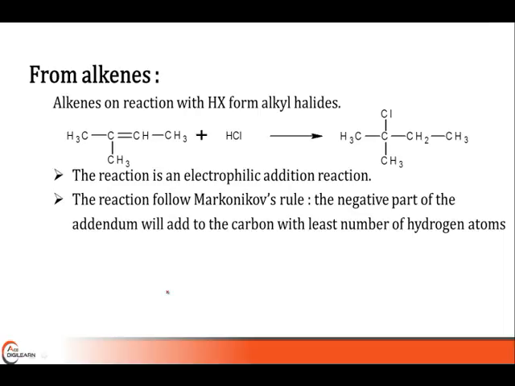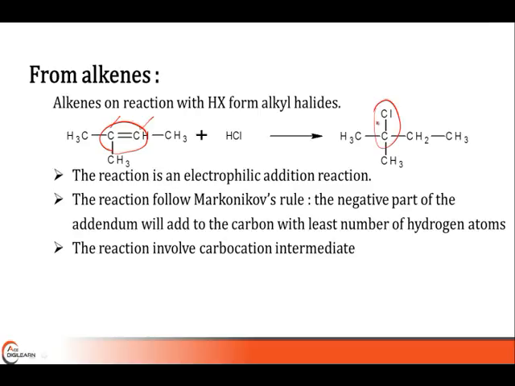The Markovnikov rule states that the negative part of the adding molecule, that is the addendum, will add to the carbon with the least number of hydrogen atoms. If you consider the double bonded carbon atoms here, this carbon has 1 hydrogen, this carbon has 0 hydrogen. So you can see in the product, the halogen is attached to the carbon with fewer hydrogen atoms.